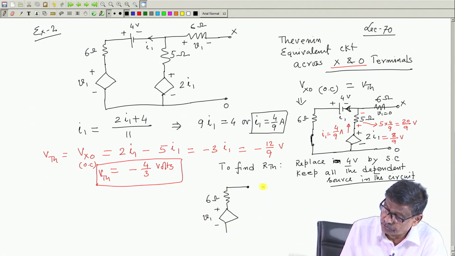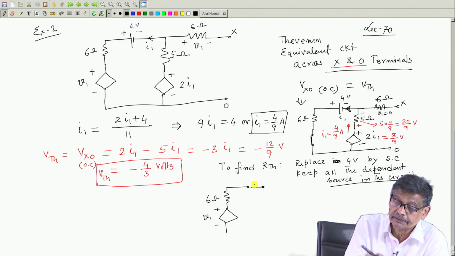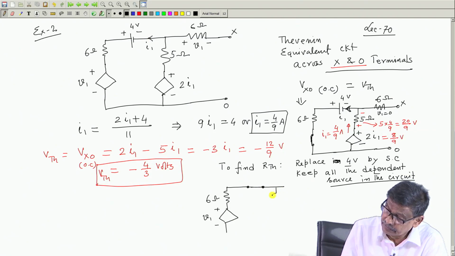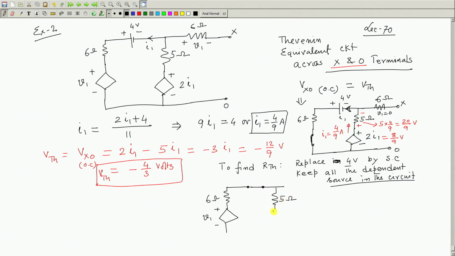Then this 4 volt source I will short it here, and this one is 5 ohm, and this one is another dependent source, it should be present in the circuit, and this current is I 1, this voltage, that is what is given in the problem, 2 I 1, and then there is a 6 ohm resistance, and I have to calculate the R Thevenin looking from XO of this network.